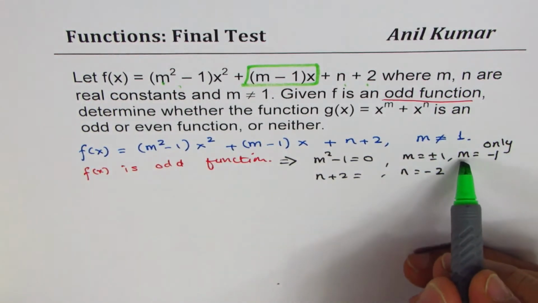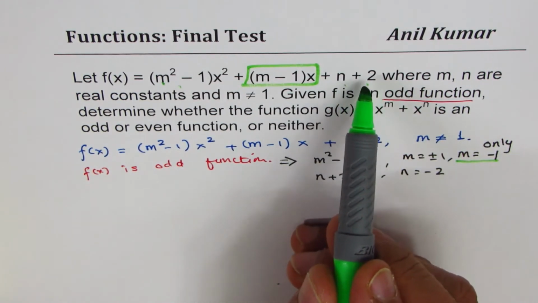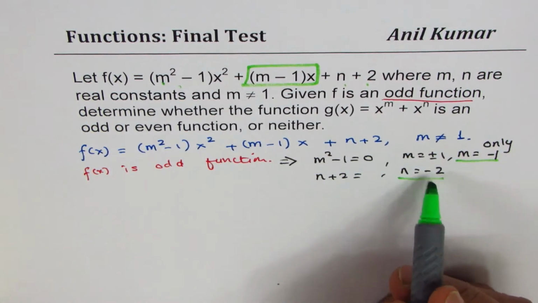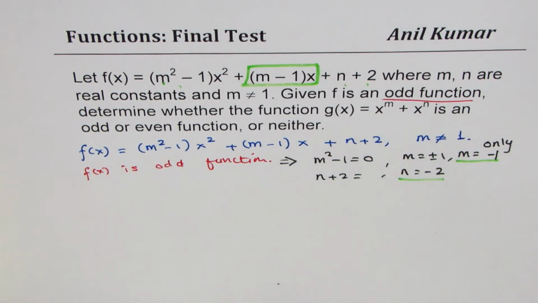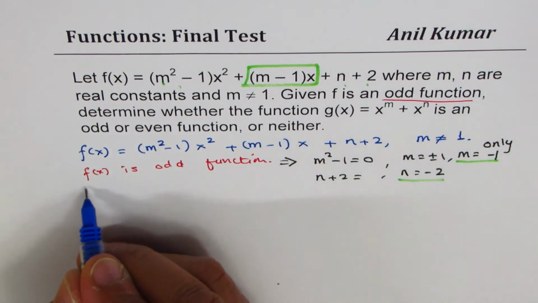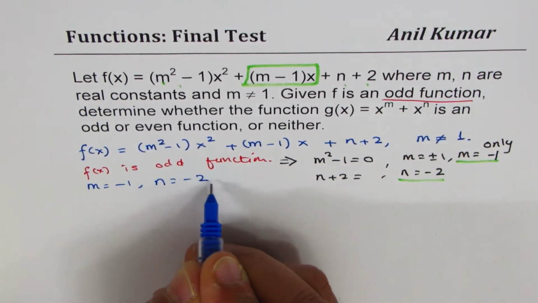So we have m equals minus 1. Second, n plus 2, which is a constant, should be 0. So that gives you n as the value of minus 2. So I hope you have understood how we found both m and n from the given condition, right? So we have m equals minus 1 and n equals minus 2.